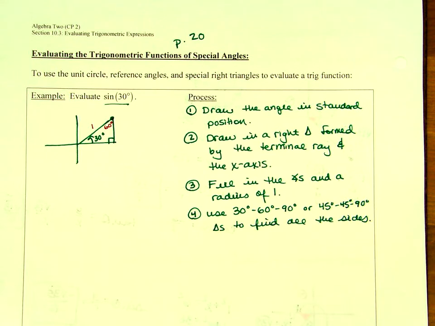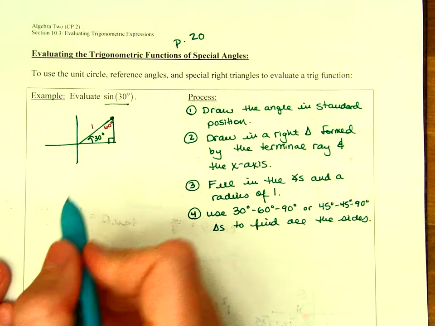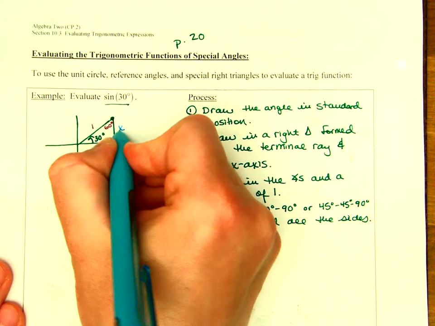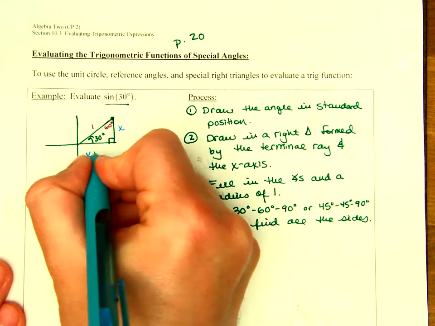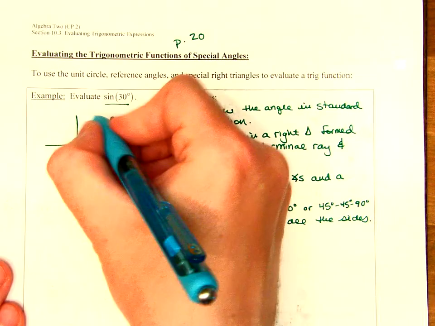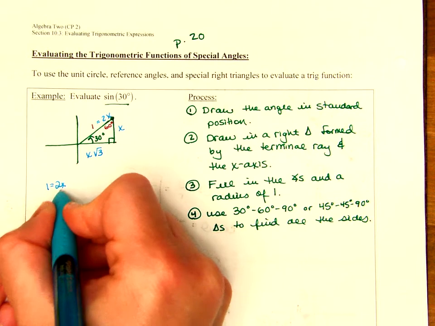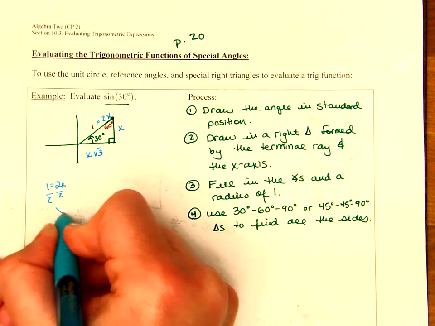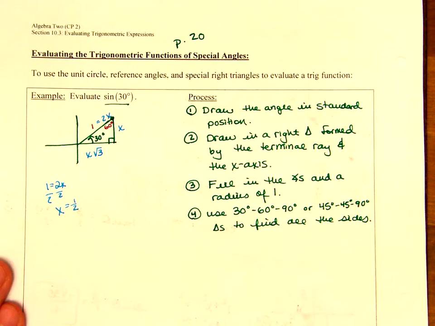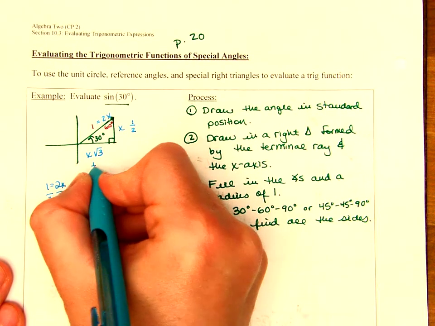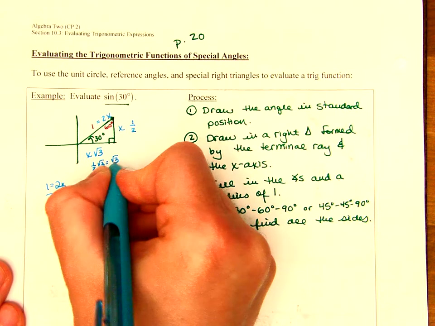Well, okay, let's see here. Hopefully you remember from the first day of this unit, or actually the second day of this unit, what's across from 30 is x, what's across from 60 is x root 3, what's across from 90 is 2x. Okay, well, if 1 equals 2x, I know that x is going to end up equaling a half. So I'm going to fill in a half over here, and a half root 3, oh, that looks messy. How about I call it root 3 over 2, down there.